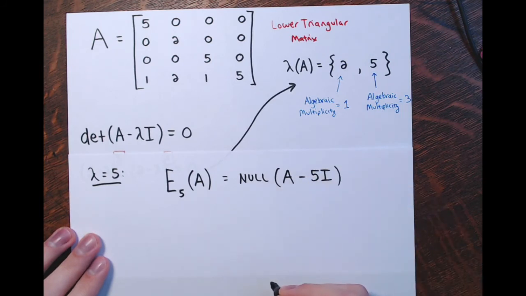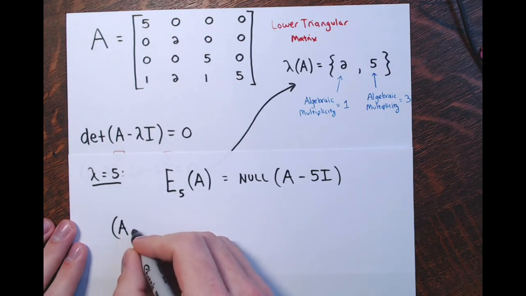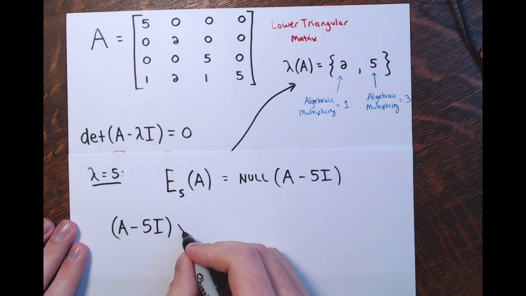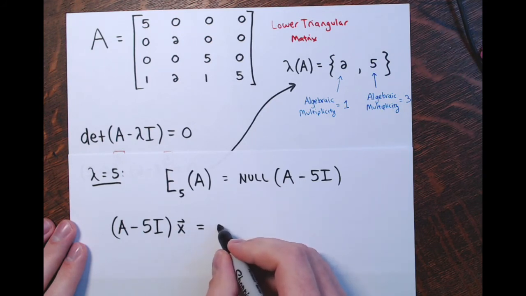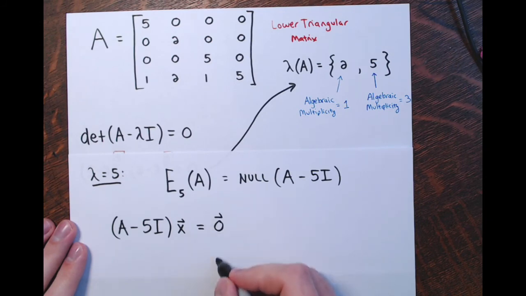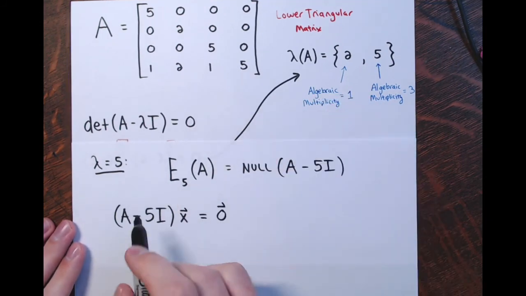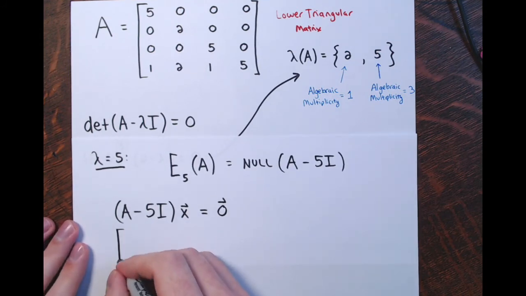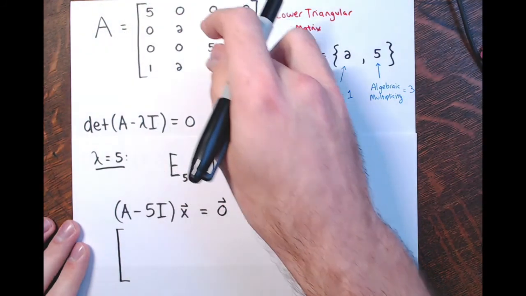Same thing. All right, so I look at this equation, right? A minus 5I times what vector x? Again, a vector with 4 components. When will that give me the 0 vector with 4 zeros? All right, so what does matrix A minus 5I look like? That's just subtracting 5 down the main diagonal of A.